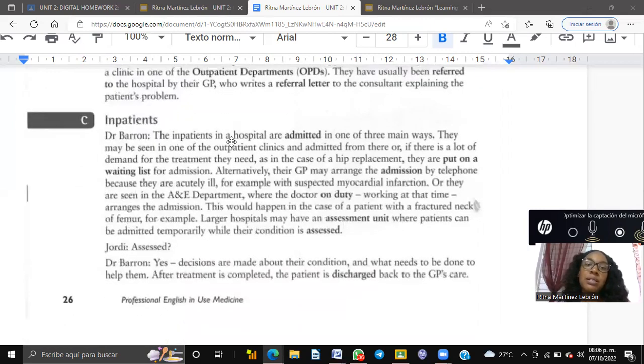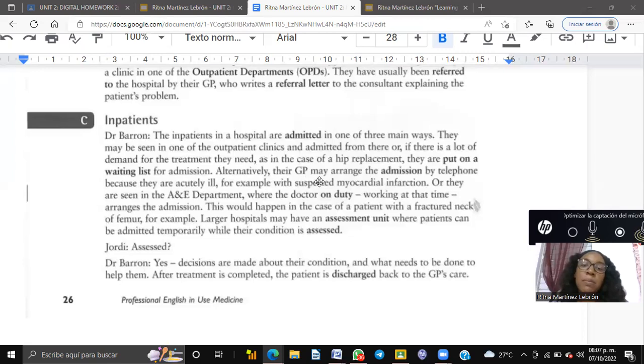Inpatients, Dr. Baron: The inpatients in a hospital are admitted in one of three main ways. They may be seen in one of the outpatient clinics and admitted from there, or if there is a lot of demand for the treatment they need, as in the case of a hip replacement, they are put on a waiting list for admission.